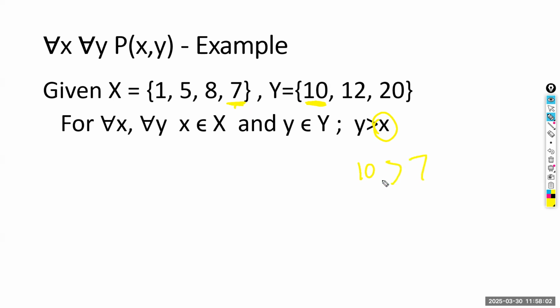Yes, 10 is greater than 7. So your biggest guy is also bigger than my smallest guy. So then, of course, it's going to work for all my guys. Because I took my smallest guy and checked with your biggest guy. So if it is satisfied, definitely it is going to be satisfied for all the situations. I don't need to check one by one. So therefore, this statement is true.